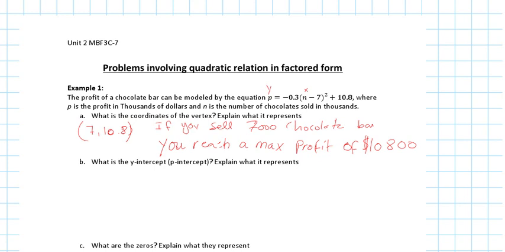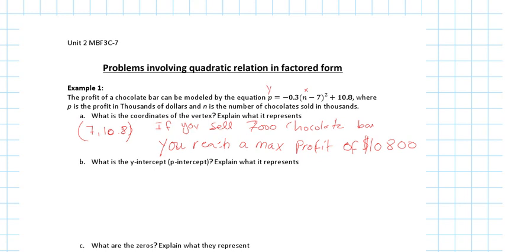What did we say 10.8 is? It's the profit, the optimal value. Is this the same as my y-intercept? No. So replace n with 0, that's the intercept when the number of chocolate bars is 0. That's right. Anytime I'm looking for the y-intercept, n is equal to 0.